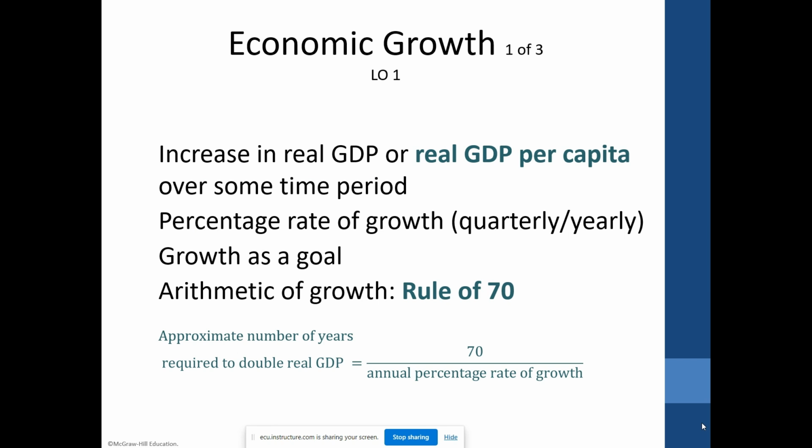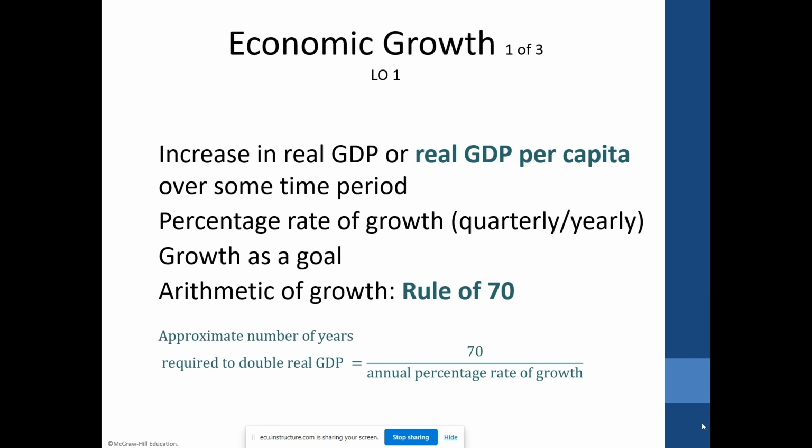Generally speaking, GDP growth is considered an economic goal. The expansion of total output relative to population results in higher standards of living. It lessens the burden of scarcity.